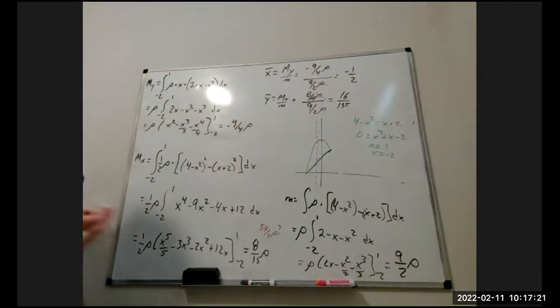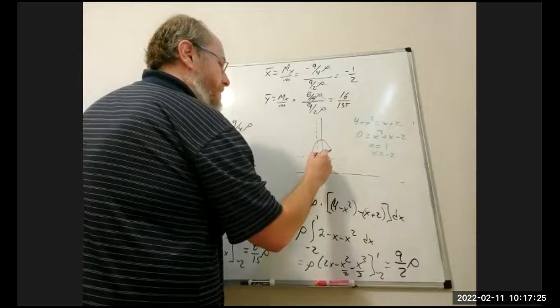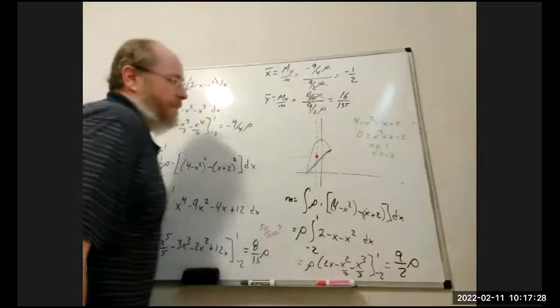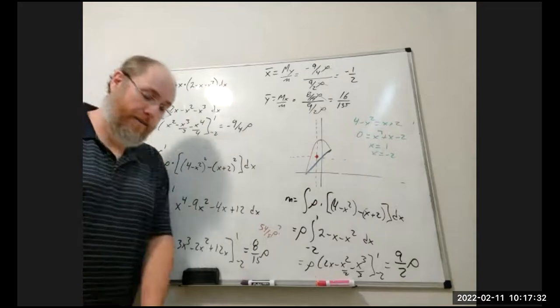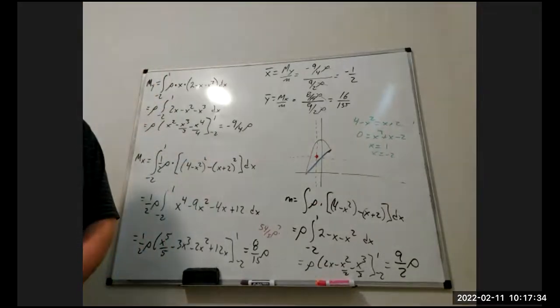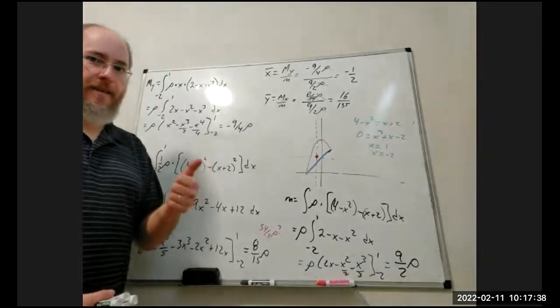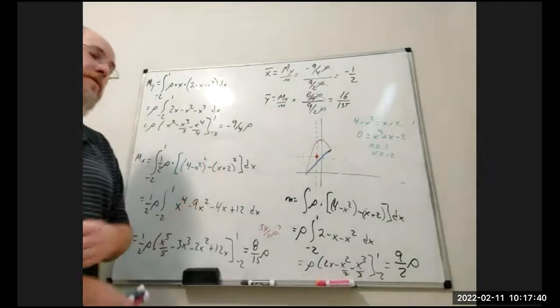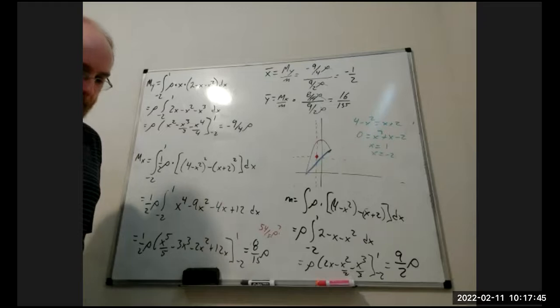It's actually supposed to be 12/5, but anyway, it's somewhere up in here. And so this is the location of our center of mass. That's where the pivoting on either side is the same. So it really comes down to just having those three things to calculate: the mass and the two moments. And then you just divide those and you can get your center of mass.